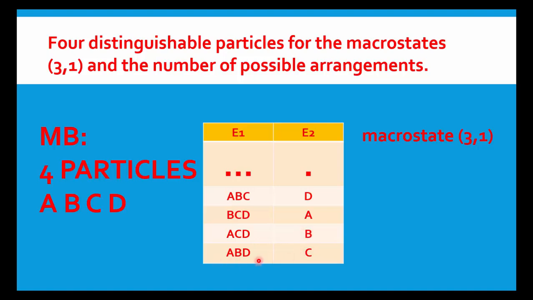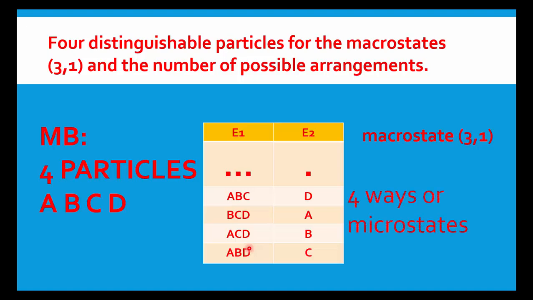Then A, B, D all together in E1, and C separate in E2. So how many possible ways can you make? You find 4 different ways. So you can say thermodynamic probability is equal to 4, or the number of microstates is equal to 4.